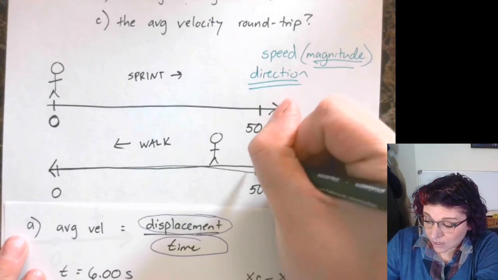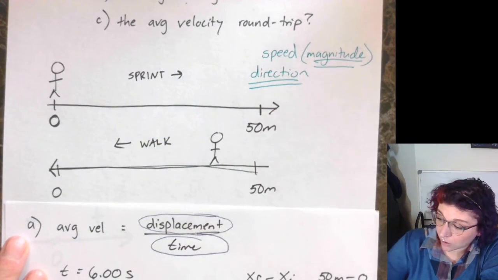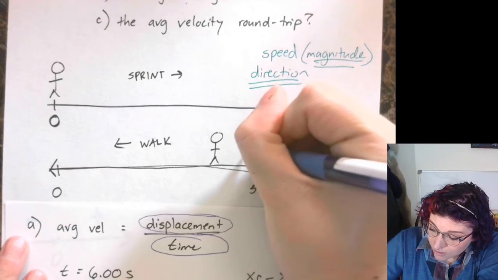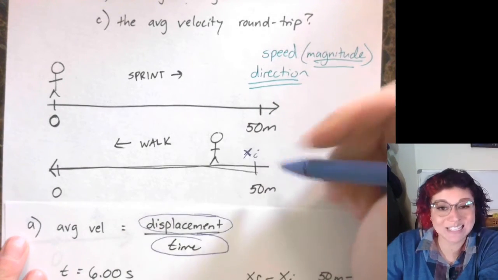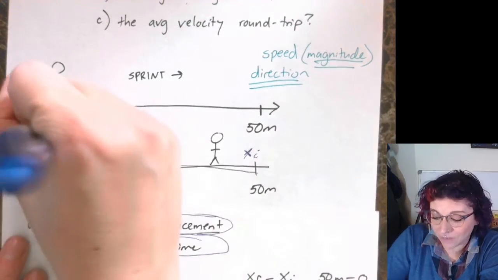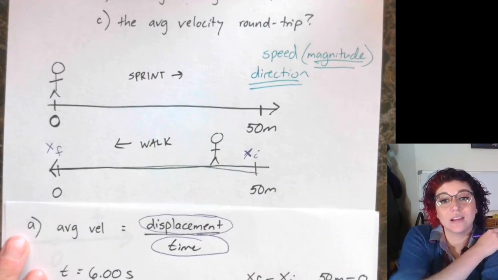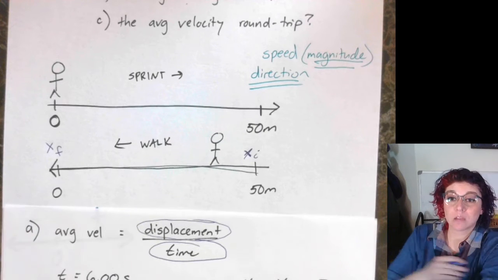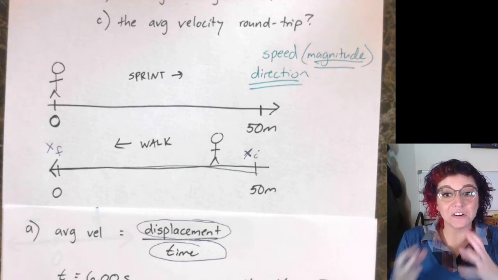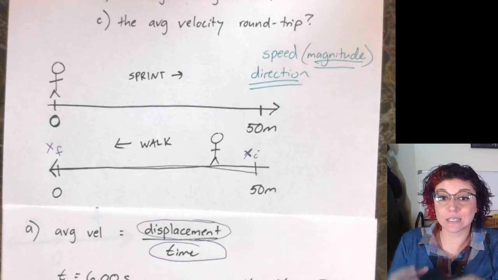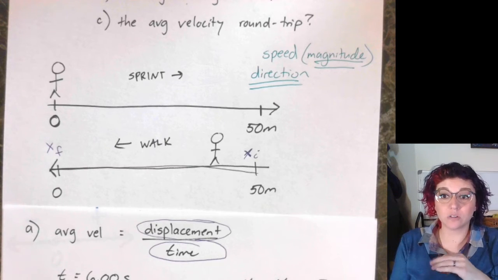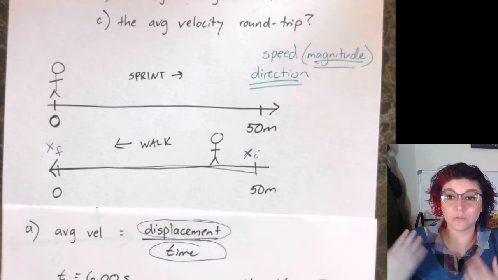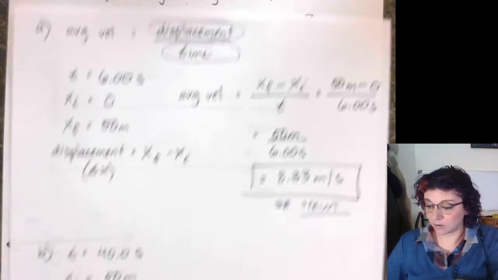Notice here how in this part of the problem, the initial position is at the 50 meter mark and the final position is at that initial start mark, 0. So again, where you're looking at this coordinate system is important. The final versus the initial.